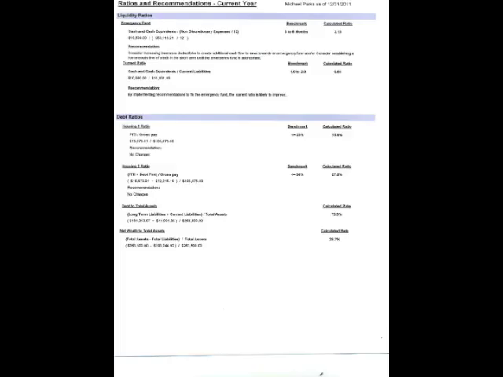The next thing we're going to look at are some ratios, kind of financial analysis using numbers. And the first one we see here is the emergency fund. Now, you currently have a 2.13 emergency fund ratio.